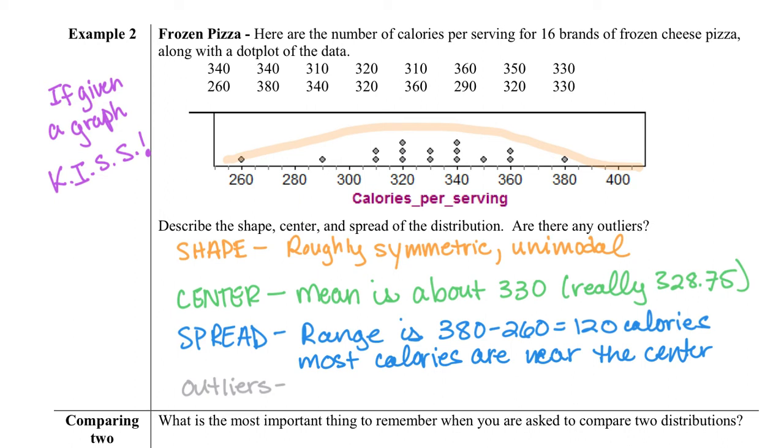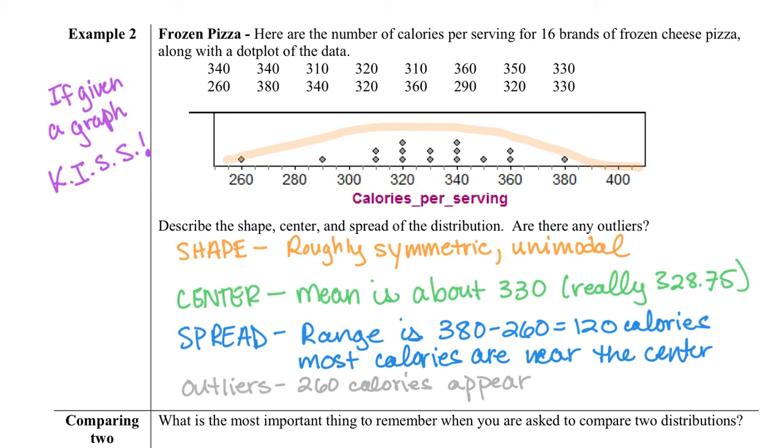Outliers, you don't need to do any calculation. You just want to look to see if there's any point that looks extremely further away than the other points. And this 260, to cover my bases, I'm going to say 260 calories appear to be an outlier.